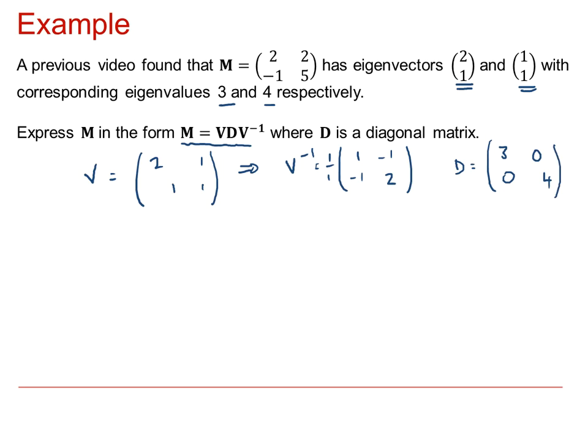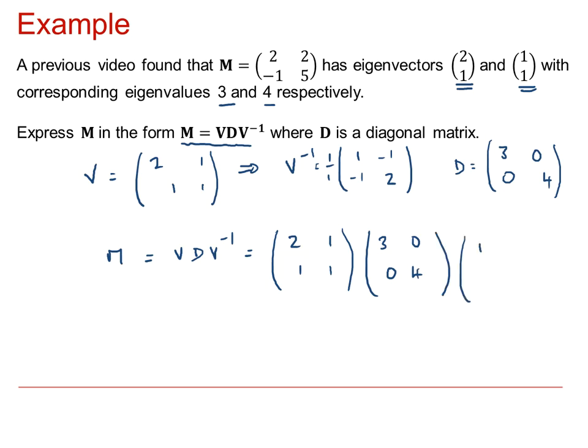And therefore M must be equal to V D V inverse, which is therefore 2, 1, 1, 1, then 3, 0, 0, 4, and then 1, negative 1, negative 1, 2.